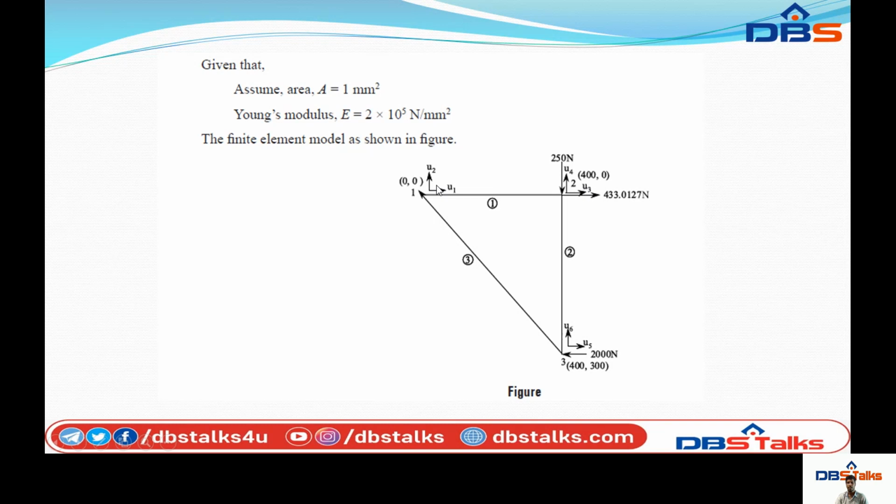After that, it takes a diversion, having a height of 300. So at element 3 the coordinate points are 400 length, 300 height: 400 comma 300.